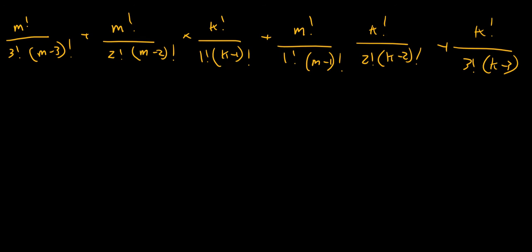Okay, so I hope you can all see that we can simplify this and this, and we can do that by performing one iteration of K to get K subtract 1 factorial, and the same here. 1 factorial is just 1. So this cancels.